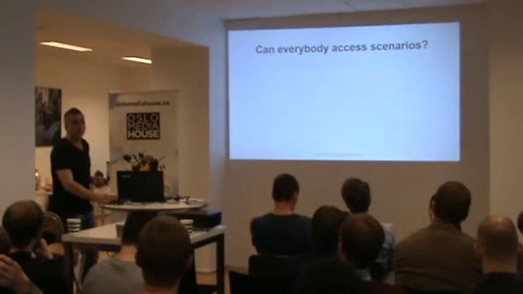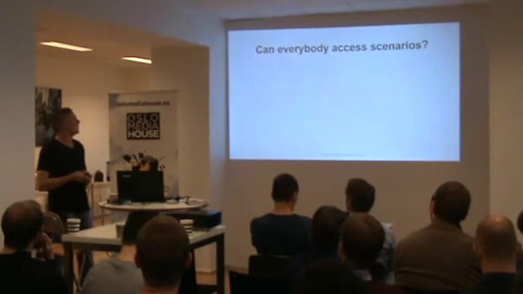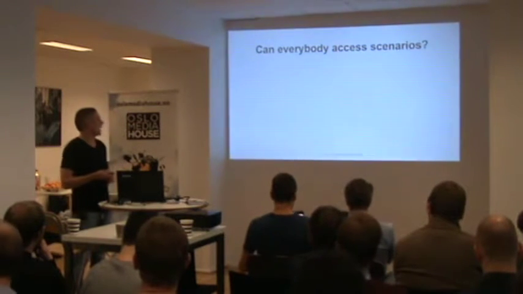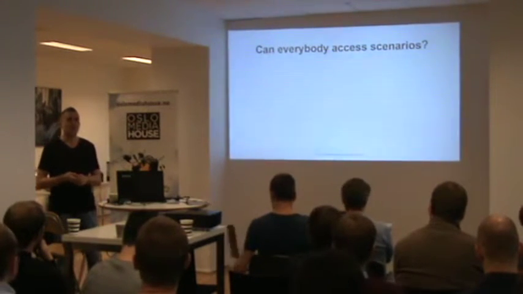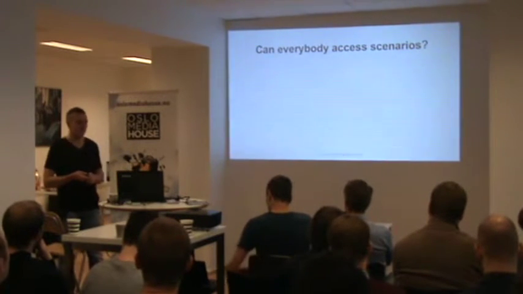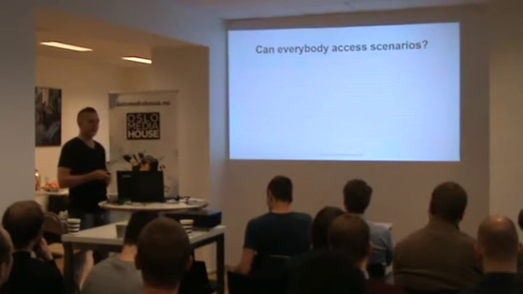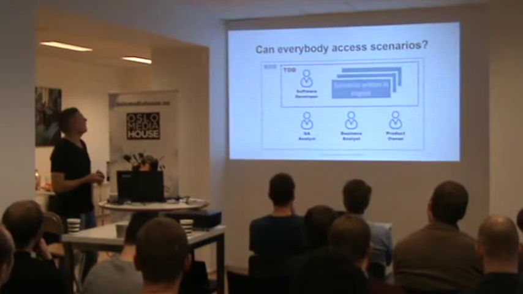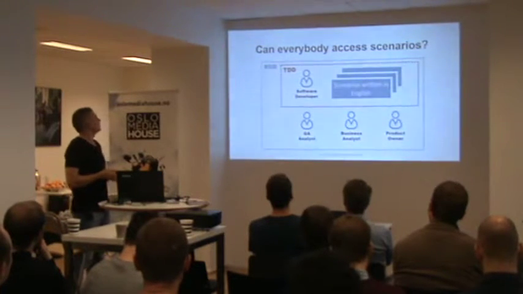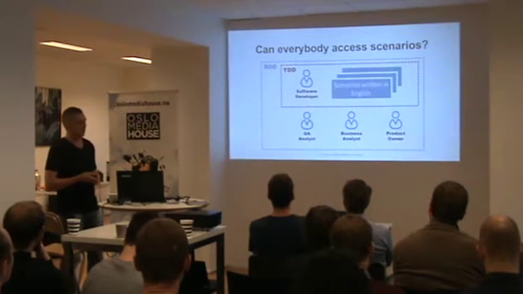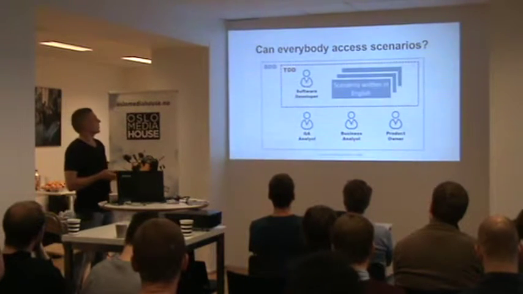If you remember, I mentioned that it is important that everybody in the team can actually read the scenarios. They can read them because the scenarios are written in plain English, but can everybody access these scenarios? If you look at this picture again, if the scenarios are written along with the code, what would happen to them?